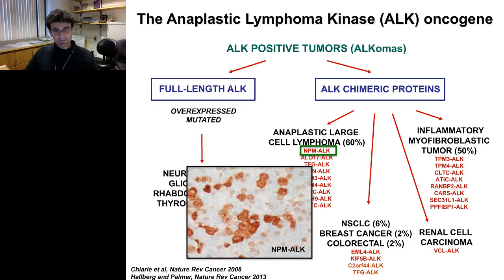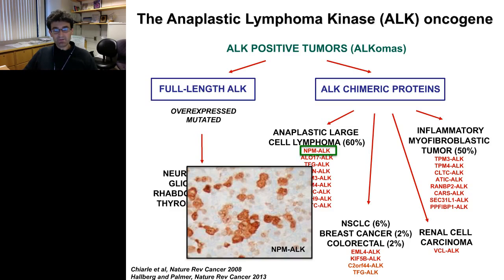This is easy to understand because ALK is normally not expressed in normal T cells or B cells or lymphoid cells, and it is very low expressed in any normal cells of the human body after development. Only few neurons retain a significant expression of ALK as a wild-type receptor on the surface.